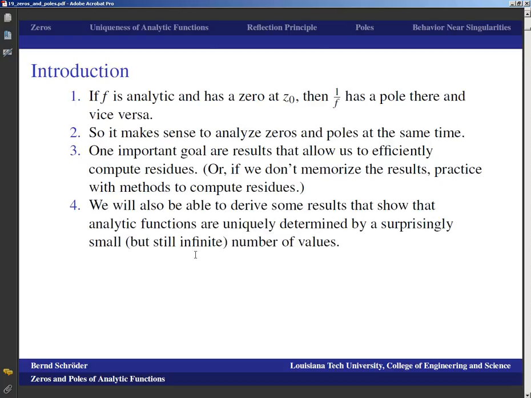It's still an infinite number of values, so for those who aren't going deeper into mathematics to the point where infinity comes in different sizes, surprisingly small here means that it's just a very thin subset of the domain that actually determines all the values of an analytic function, which is actually quite amazing, because on the real line, if a function is taking certain values on an interval, it can still have very pretty properties and take entirely different values on an interval that is a couple of units away from that.